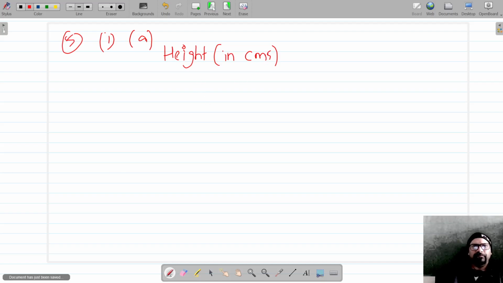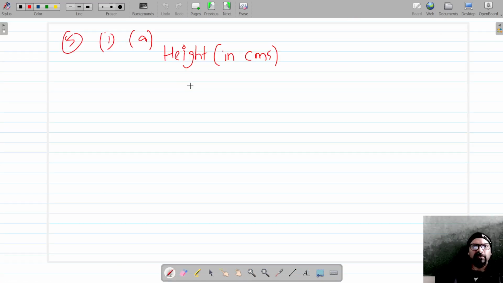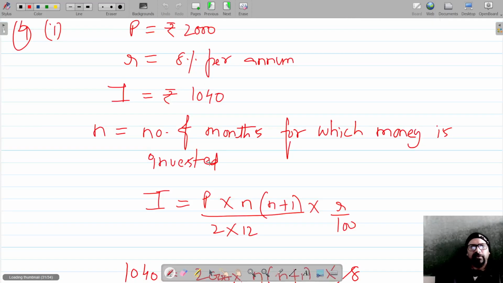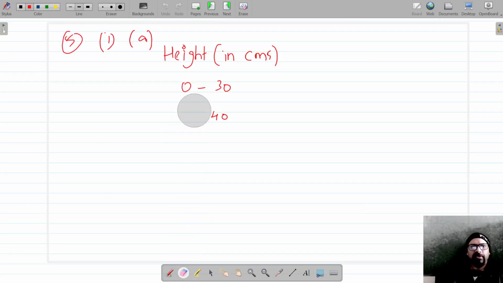The first class intervals, as you see, are 0 to 30, 30 to 40. For 0 to 30, we don't have anything, so let's skip that and start from 30 to 40.